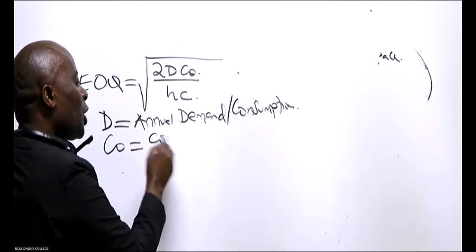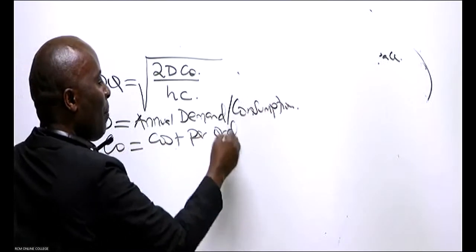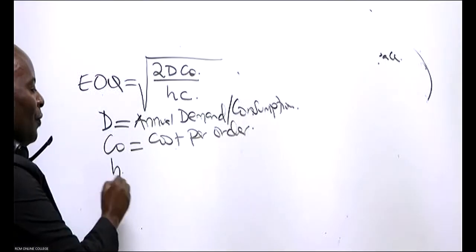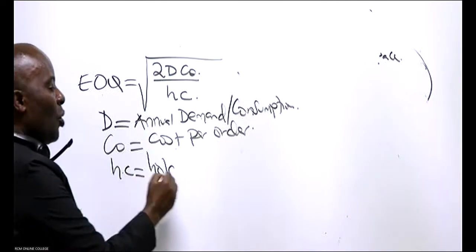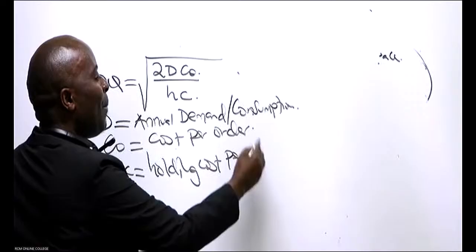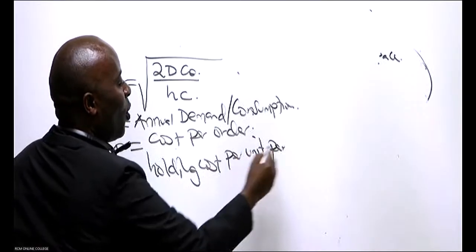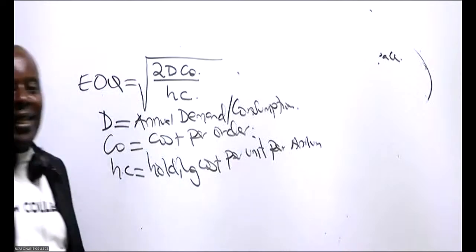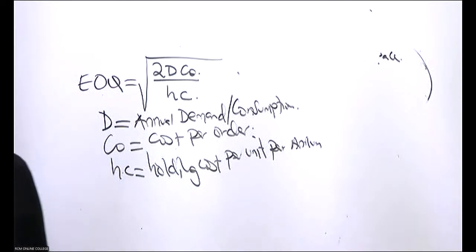CO is cost per order. And then we have HC, which is a holding cost per unit per annum.